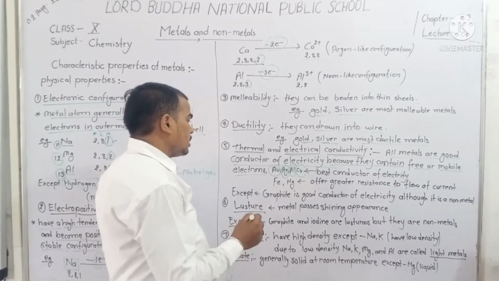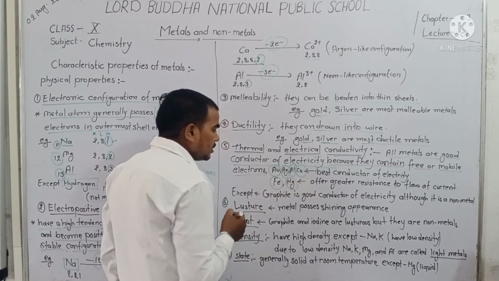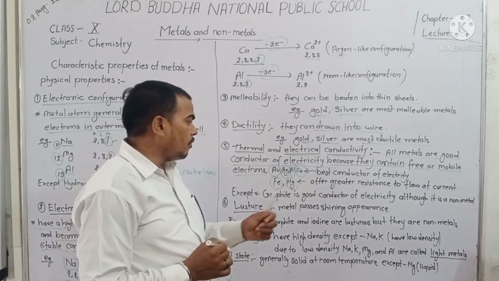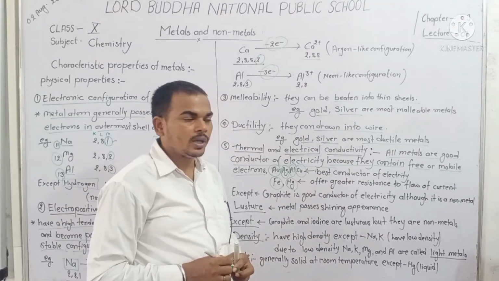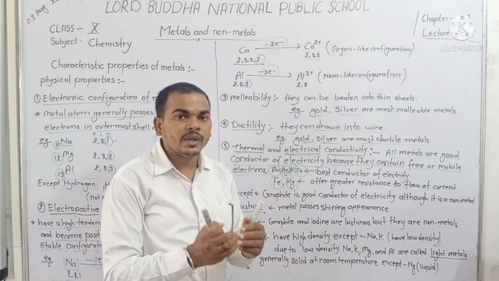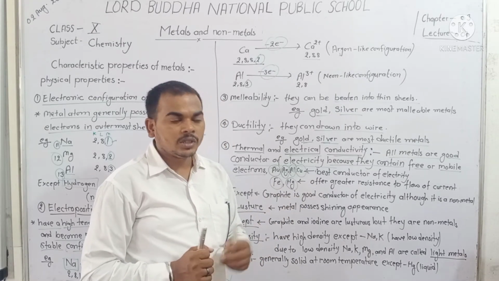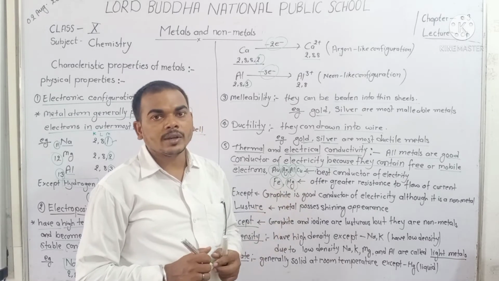But iron, Fe, and mercury, Hg, offer greater resistance to the flow of current. Yes, student. It means the electrons cannot flow easily. They resist the flow of electrons or flow of current.